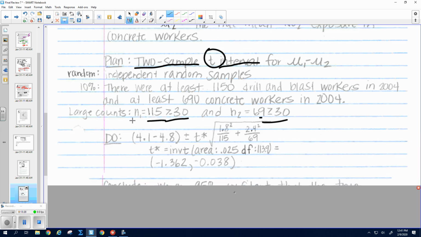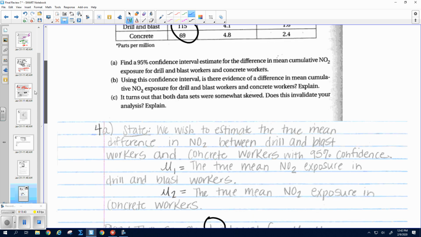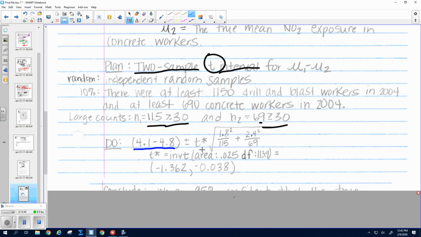All right, so this is our statistic, plus or minus our critical value times the standard deviation of the statistic. So we're going to subtract 4.1 minus 4.8, so drill and blast minus concrete. Plus or minus, we will find t star separately, and then we're going to multiply by this little formula, which is on the yellow sheet.